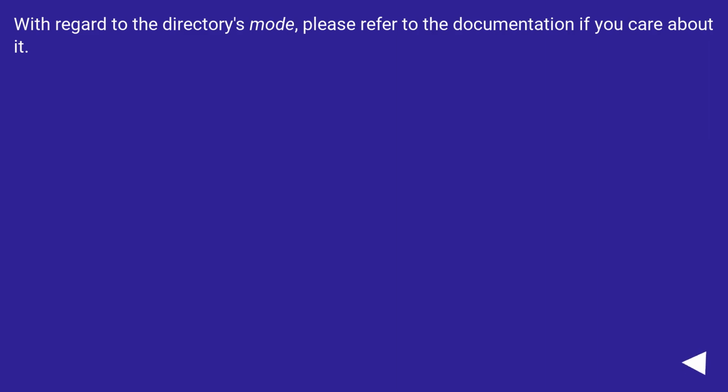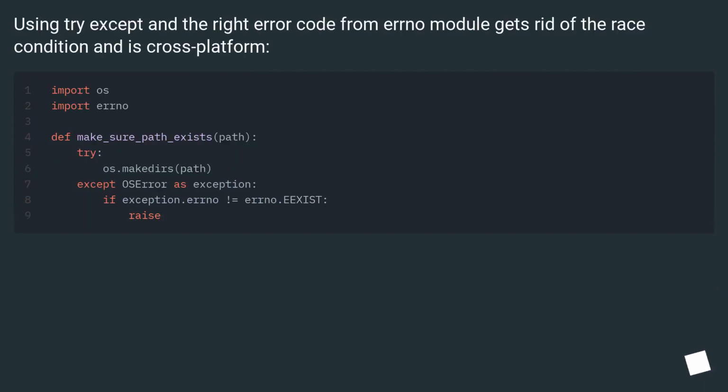With regard to the directory's mode, please refer to the documentation if you care about it. Using try except and the right error code from the errno module gets rid of the race condition and is cross-platform.